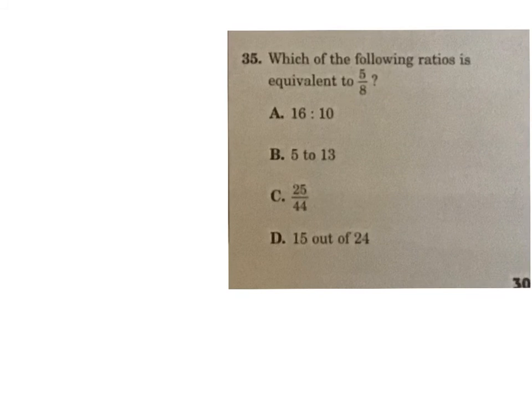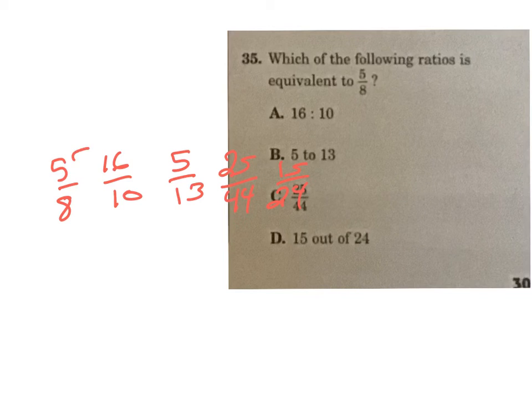All right, number 35. Which of the following ratios is equivalent to 5/8? So I'm going to put them all into fractions. 5/8. And then we have 16/10, then 5/13, 25/44, and then 15/24.